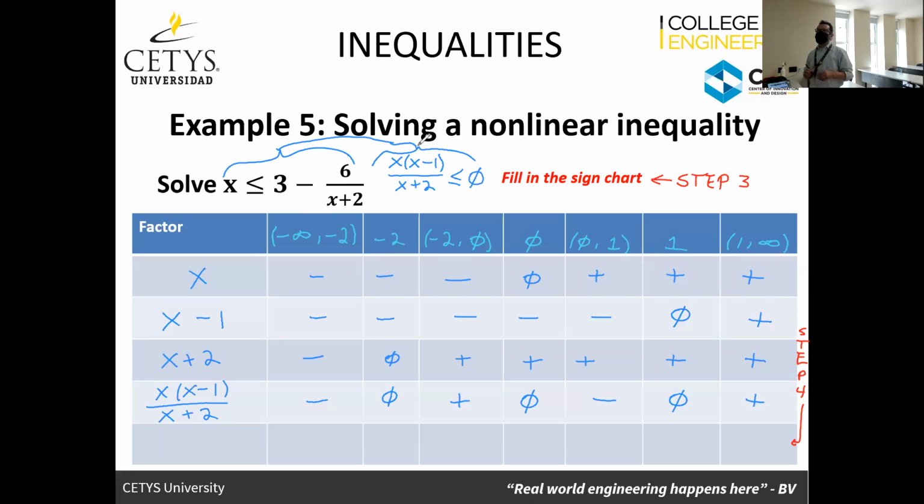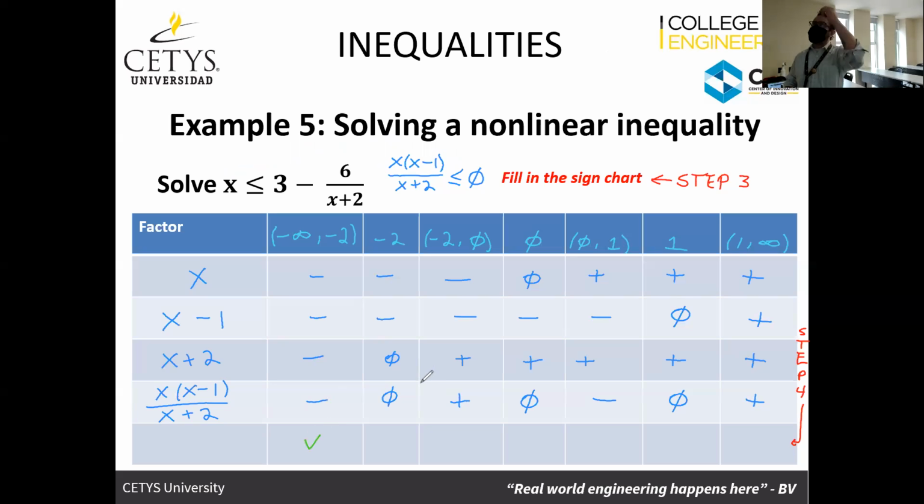Okay. And so if it's less than or equal than 0, we're looking at intervals that give us a negative value or a 0. So let's start evaluating the sign chart. For the first column, this is negative, this is part of the interval.